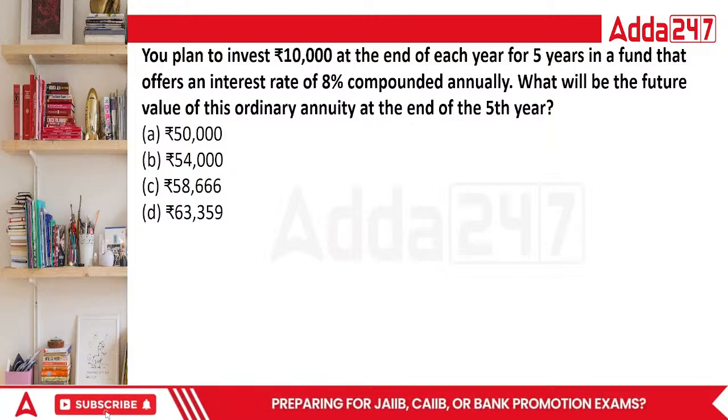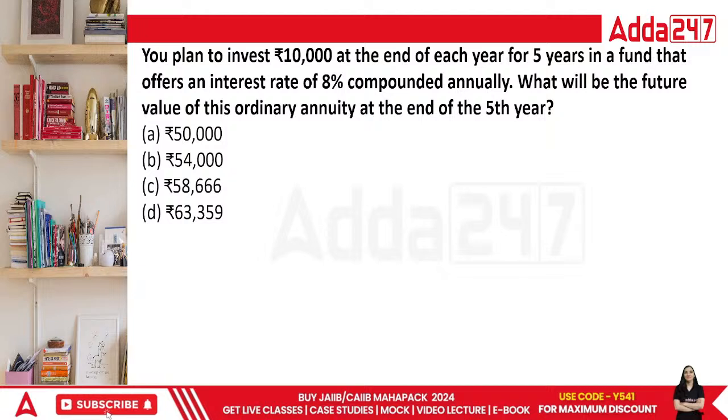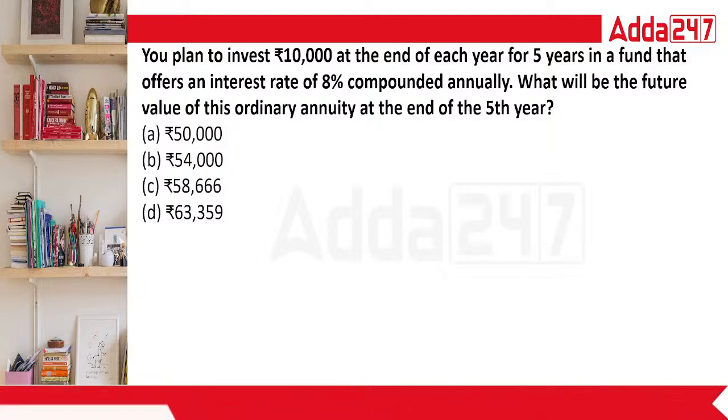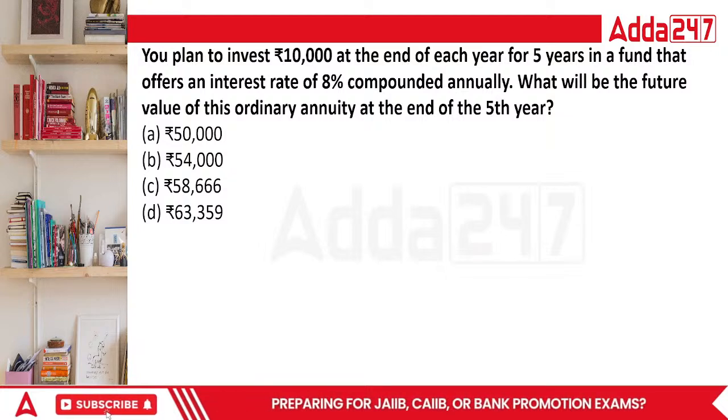You plan to invest 10,000 at the end of each year for 5 years in a fund that offers an interest at the rate of 8% compounded annually. What will be the future value of this ordinary annuity at the end of 5th year?